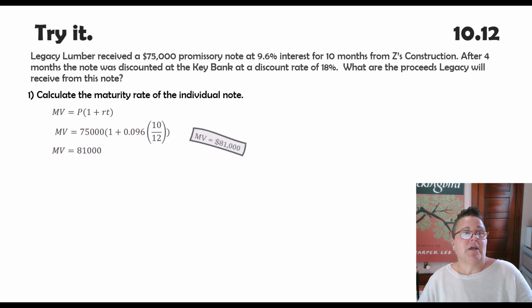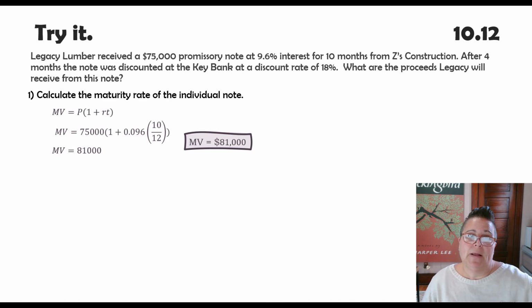All right, so Legacy Lumber has a loan out there for $81,000 and they need cash. So they need to take this $81,000 loan and use it as collateral to get money from a bank, specifically from KeyBank. So the bank's going to ask them how much time is left in the loan. That's known as the discount period.